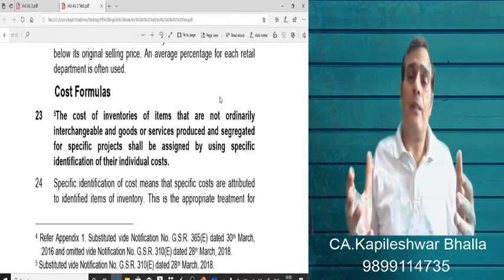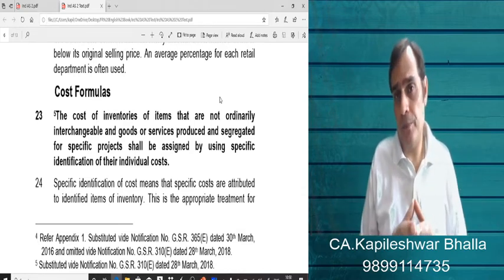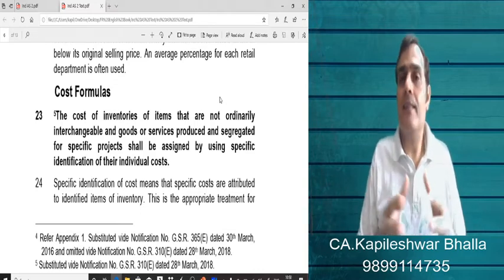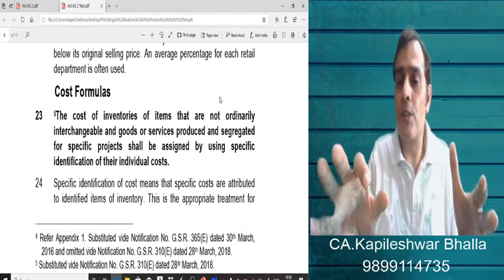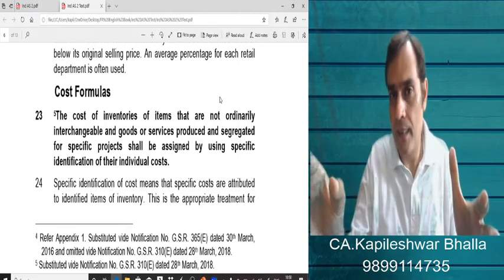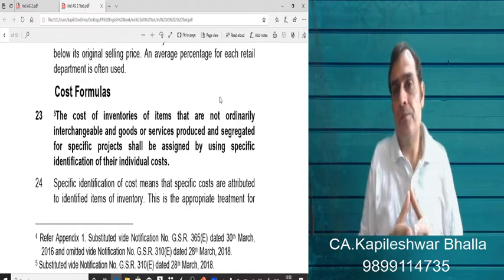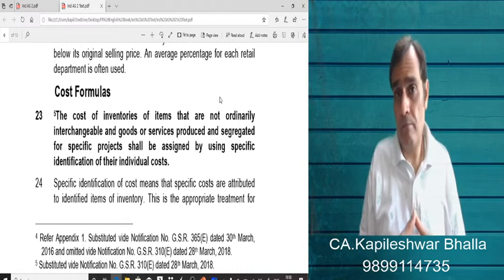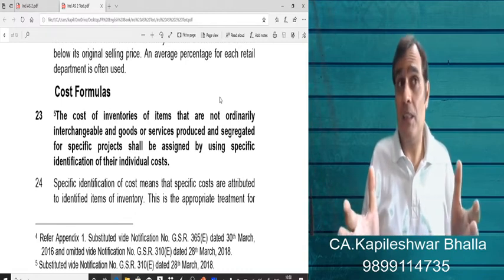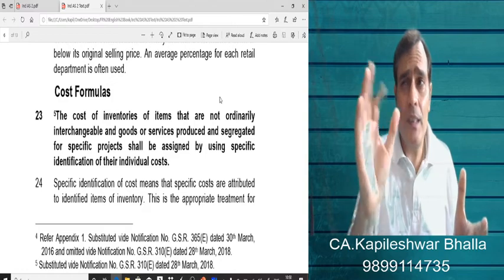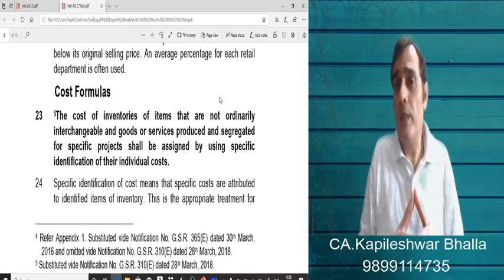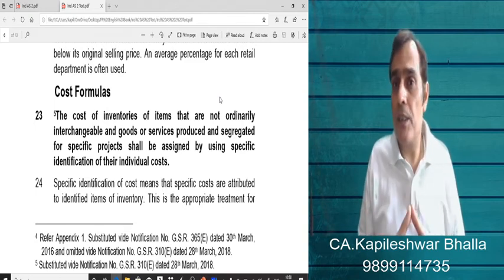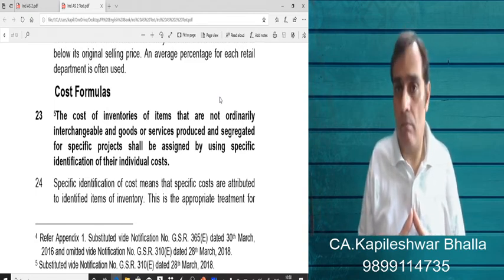If you ever went to a jewelry shop, you would see that there is a jewelry set with a small thread attached to it and a small piece of paper which gives you the specifications regarding that jewelry set: how much carat of gold, or any specific number. So you would see some identification numbers, some coding done on that piece of paper. As per Ind AS 2, we call this SIM.